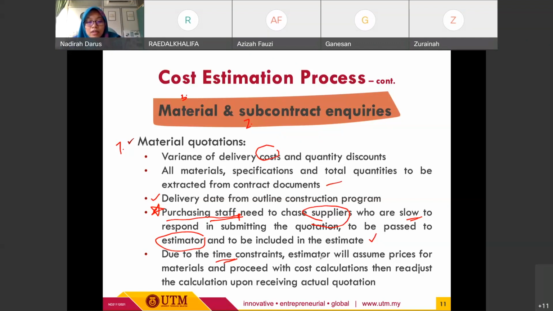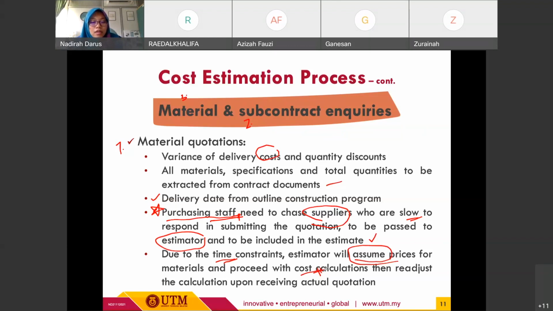In this certain case, while waiting for the purchasing staff to obtain the quotation, the estimator may assume the prices or cost for materials, and then proceed with the cost calculation at the first place, because if the waiting period is too long, they can proceed.